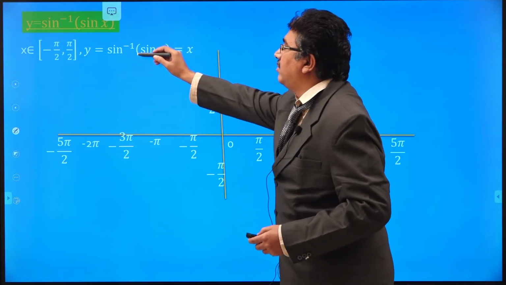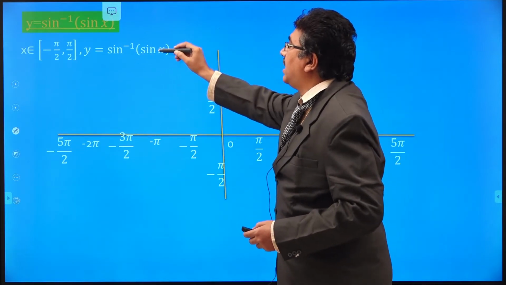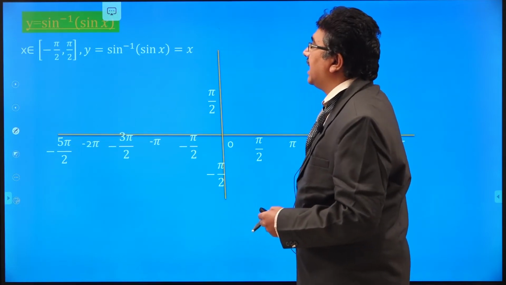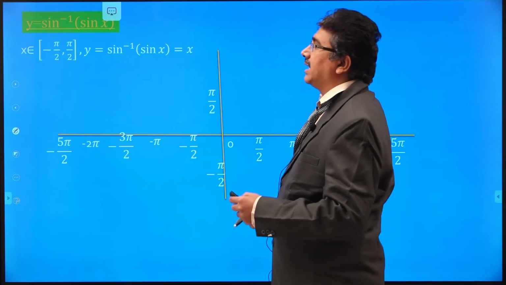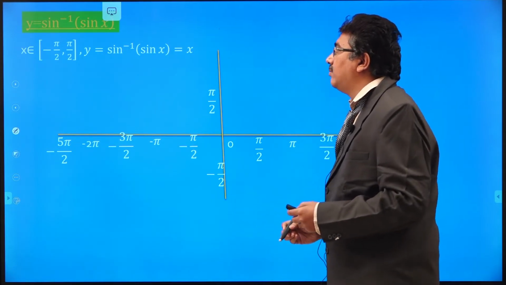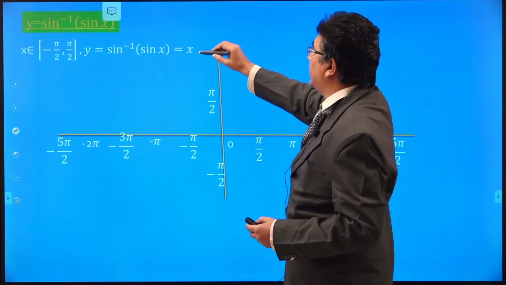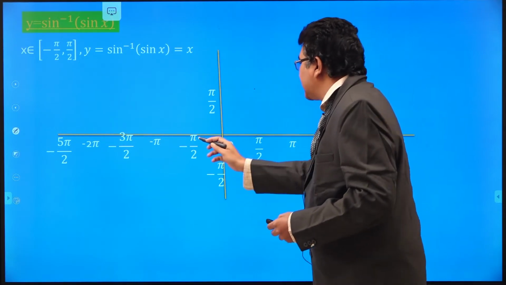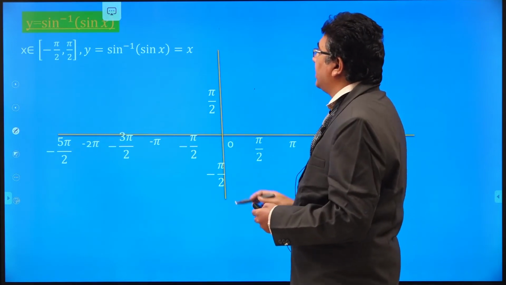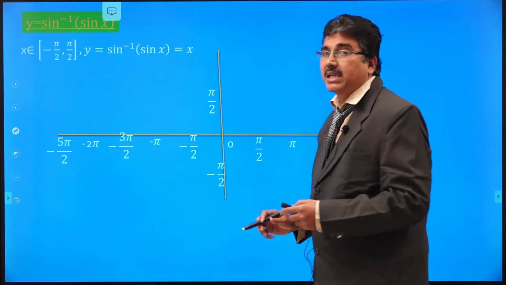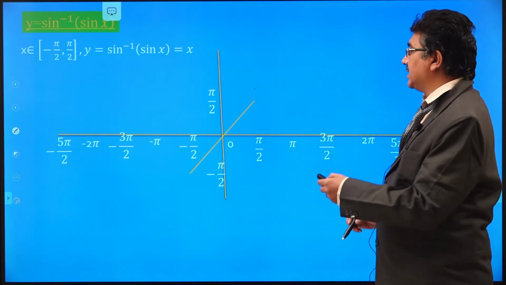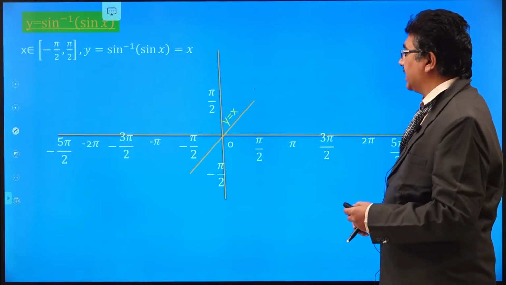This is of the form f inverse of f of x, that is equal to x, since sine x is a bijective function on the closed interval minus pi by 2 comma pi by 2. For x in minus pi by 2 comma pi by 2, the graph is a straight line, that is y is equal to x.